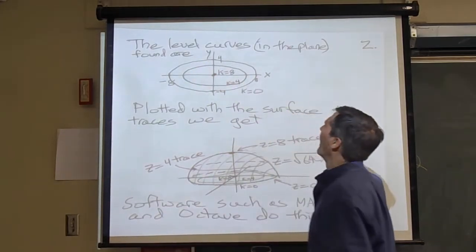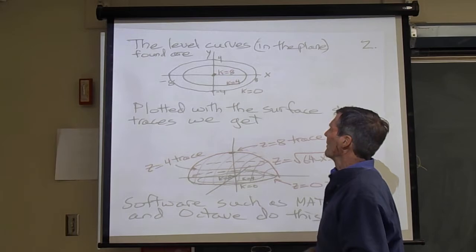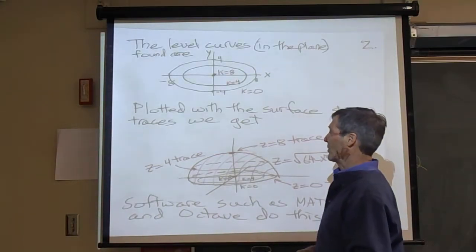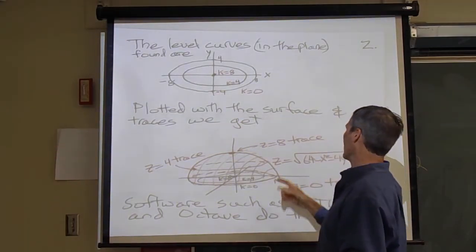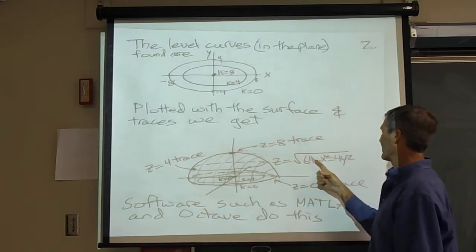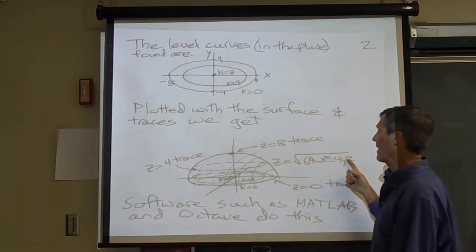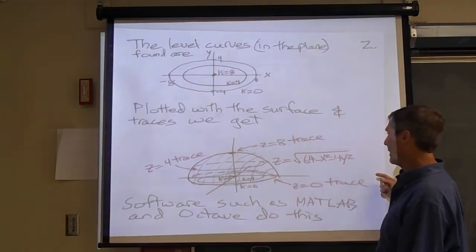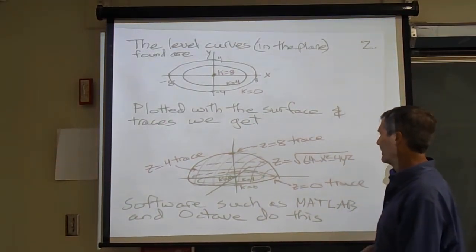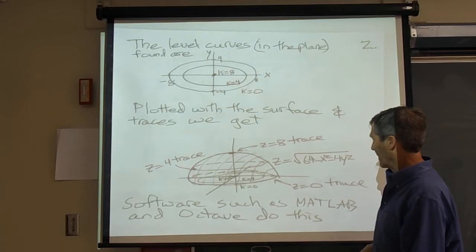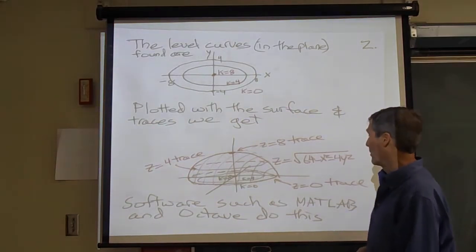Right? Now, really in this case, we know what the surface looks like because this is one we've seen before. If we again write z equals square root of 64 minus x squared minus 4y squared, and square both sides, we can write this actually as an equation for an ellipsoid.